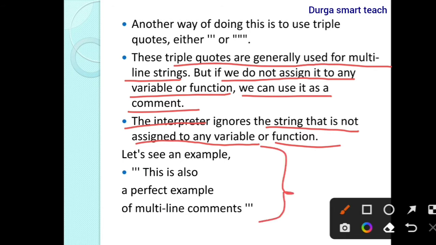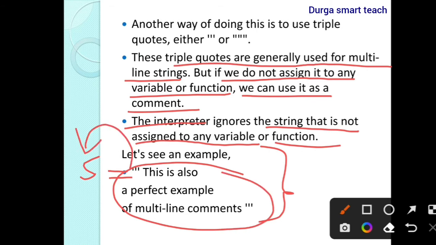For example, s is equal to this, which is also a perfect example of a multi-line comment. So I am storing this data. Now tell me, is it a comment or a string? If you assign the value to a variable, then it is known as a multi-line string.